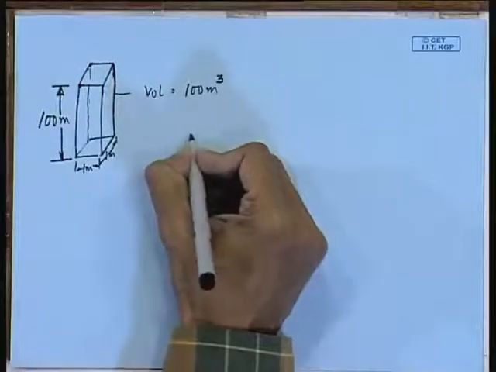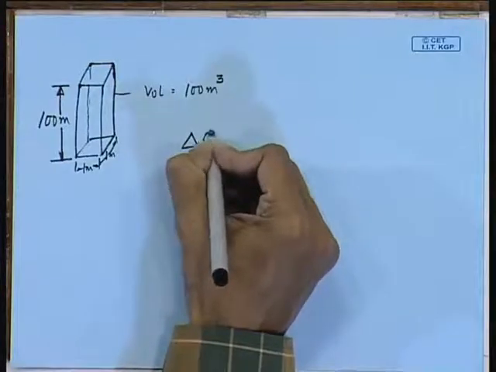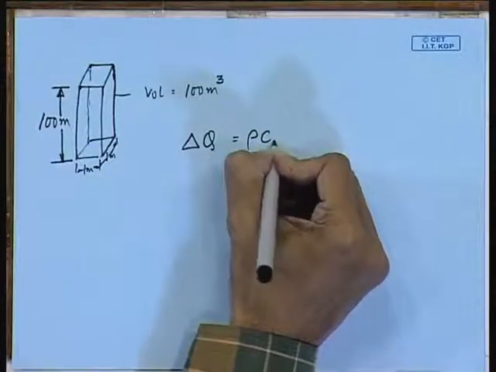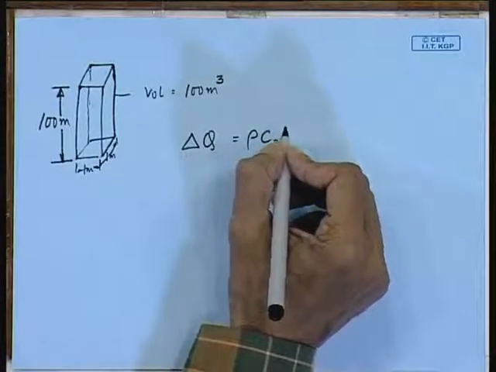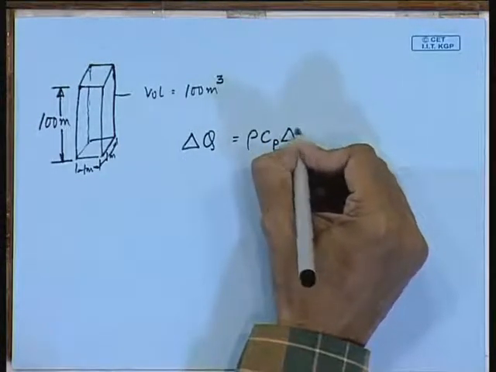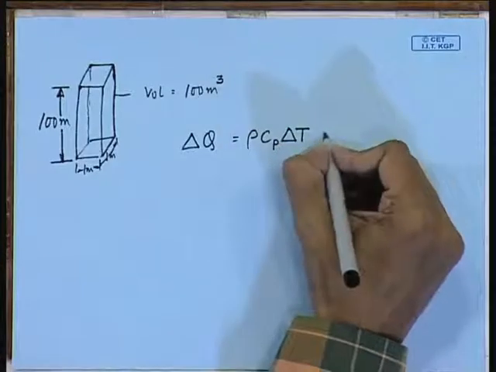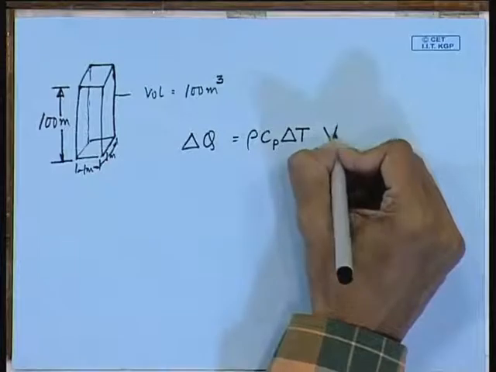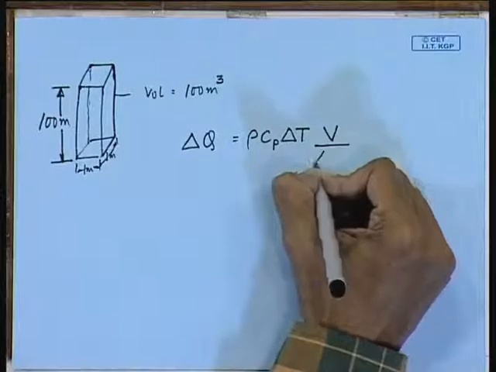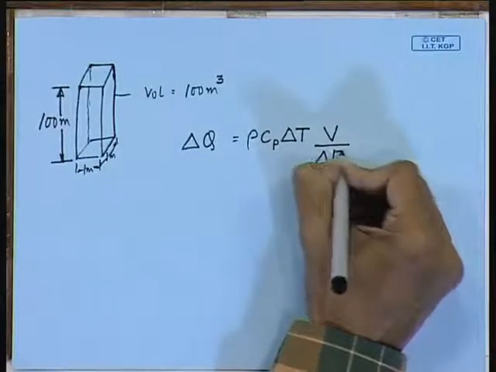So, per second, how much is the rate? So you calculate delta Q. Delta Q will be rho Cp. Now both rho and Cp are constants. Your delta T is how much? 1 degree. So 1 degree multiplied by V, that is the volume of this column of water, and divide by the time interval, that is delta t. So this is your formula.